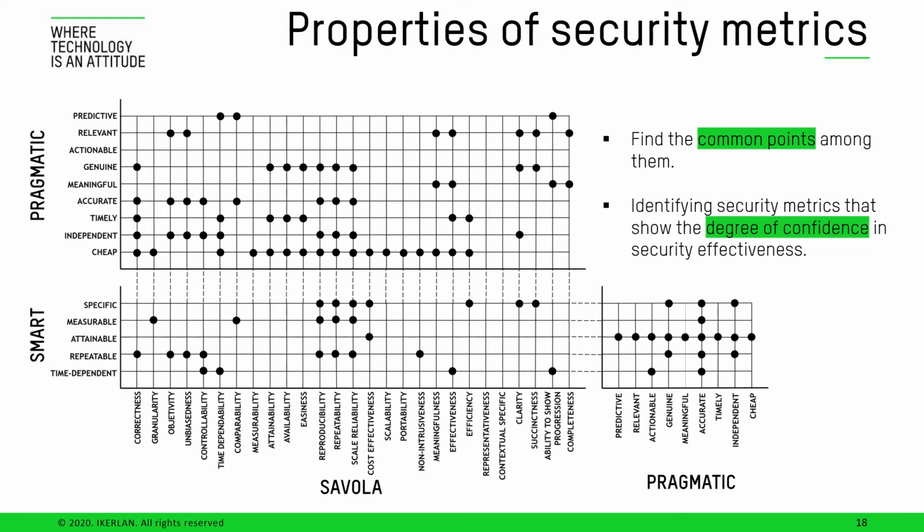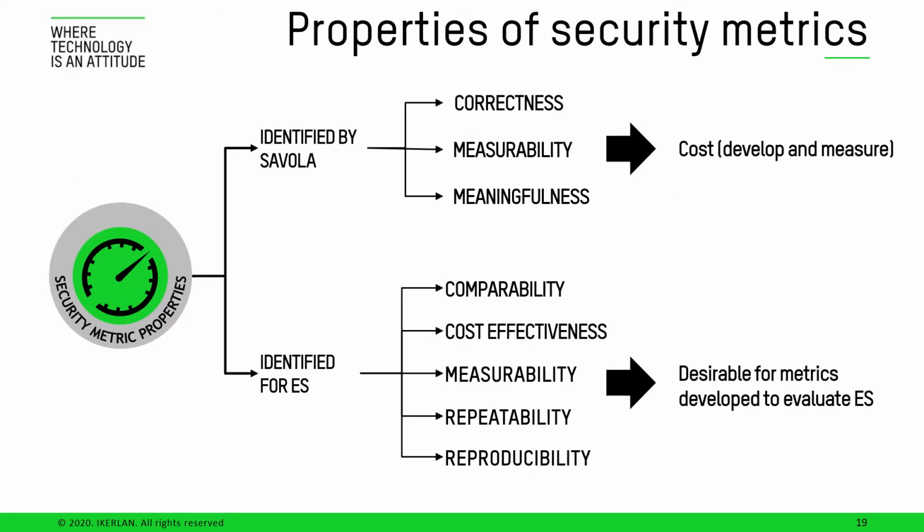Here, each black dot you see is a common point between two properties of two different criteria. As you can see at the top of the slide, the properties that Savola identified as the most important ones are correctness, measurability, and meaningfulness, and of course, cost is expected also to be a relevant criterion.